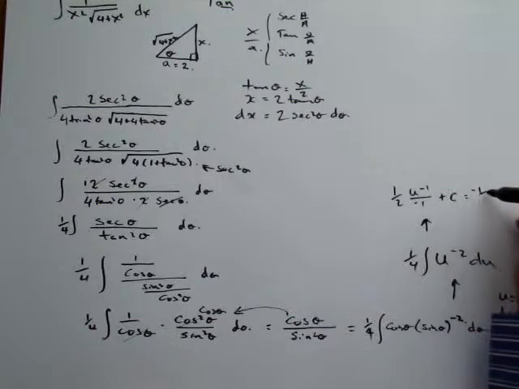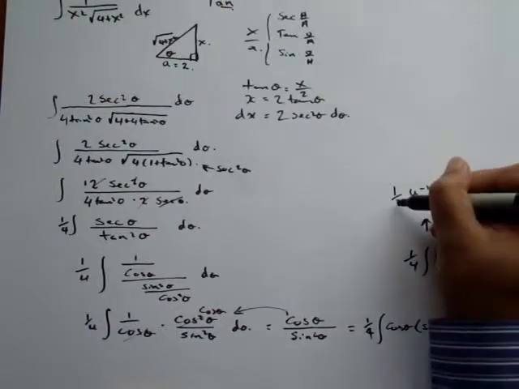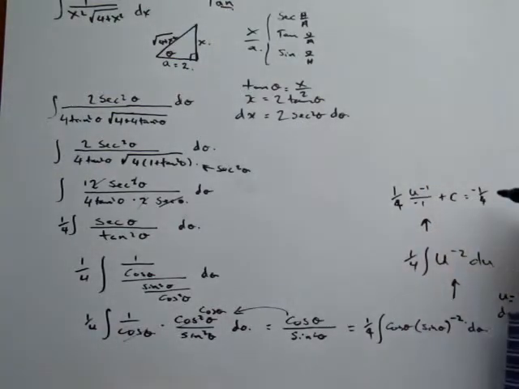Rearranging that, it's minus a quarter u to the minus 1 plus c.